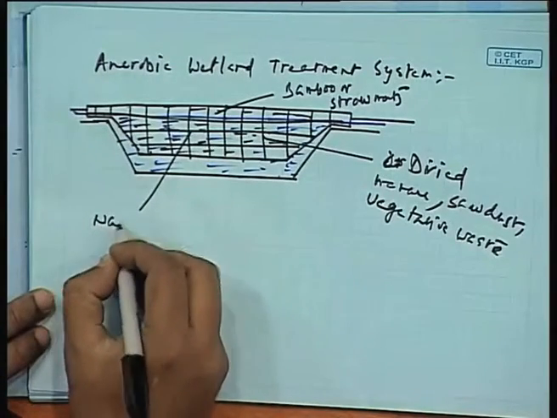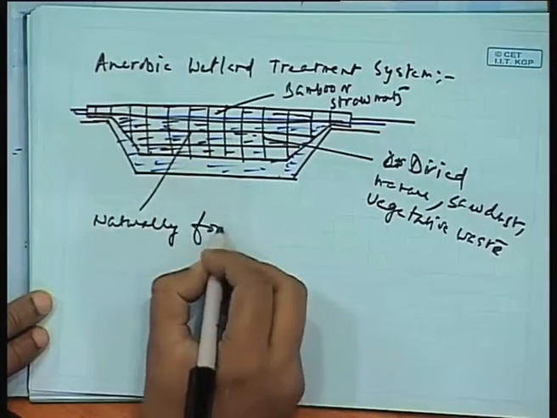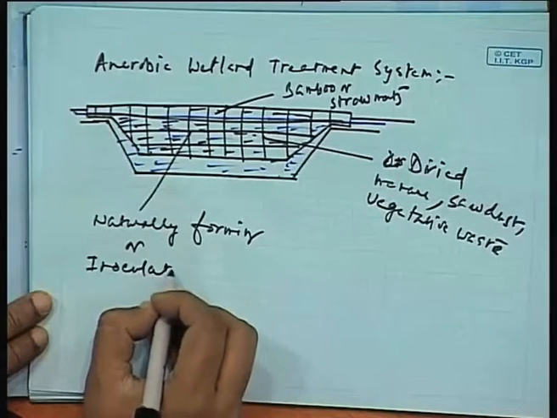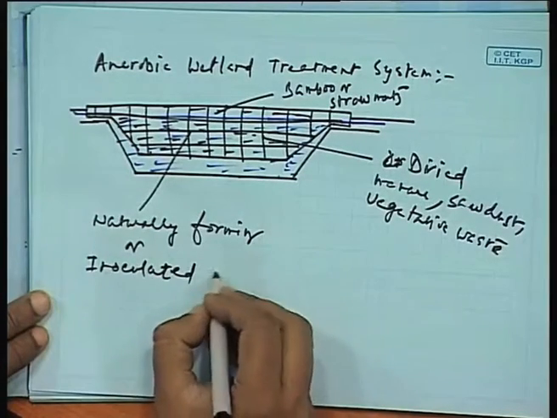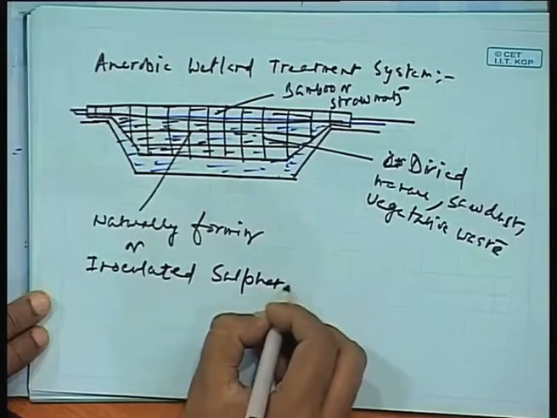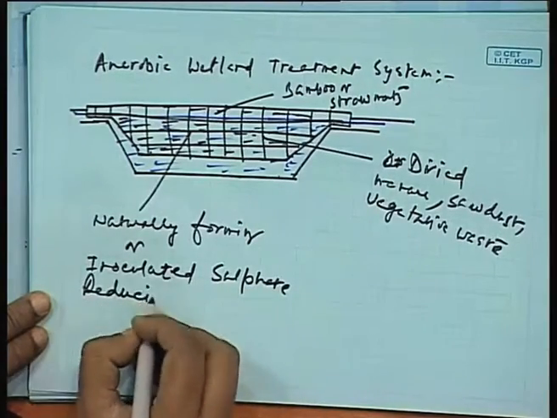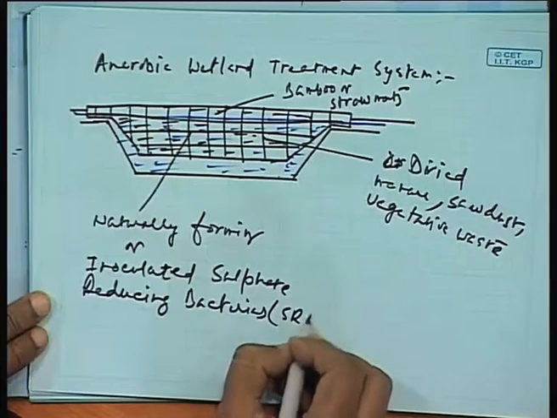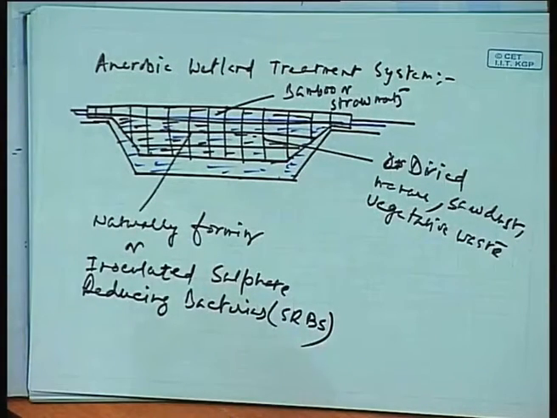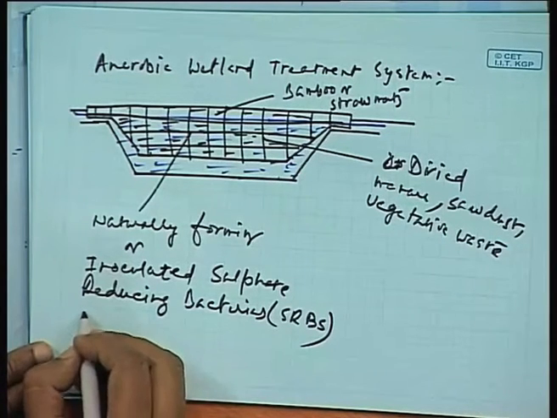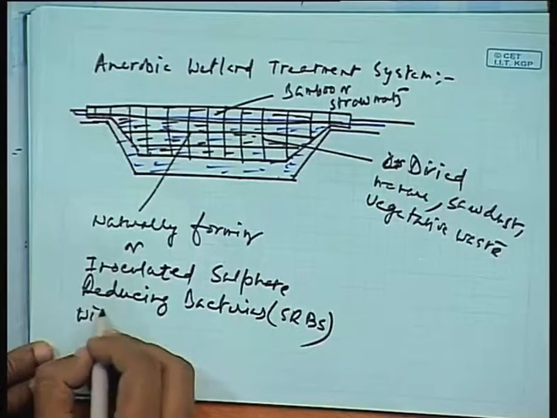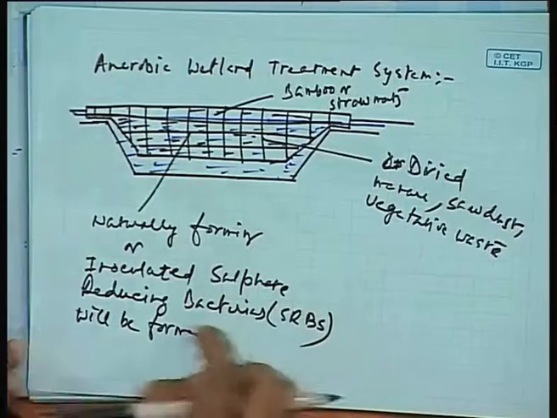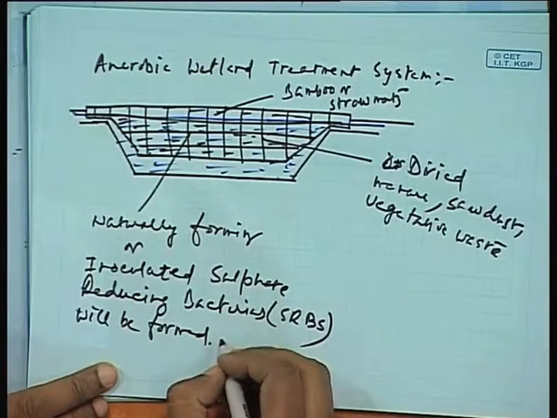Here it will be naturally forming, or inoculated sulfate reducing bacteria, SRBs, will be formed.